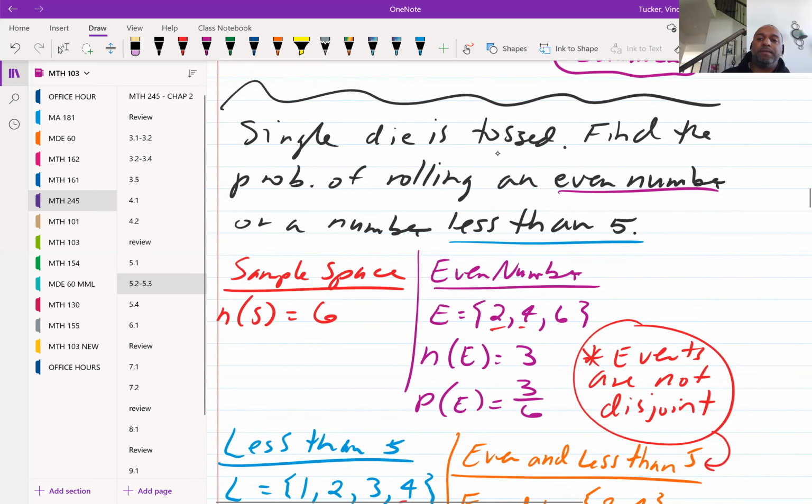The first event is rolling an even number. From 1 through 6, we have 2, 4, 6, and so that's 3 options.